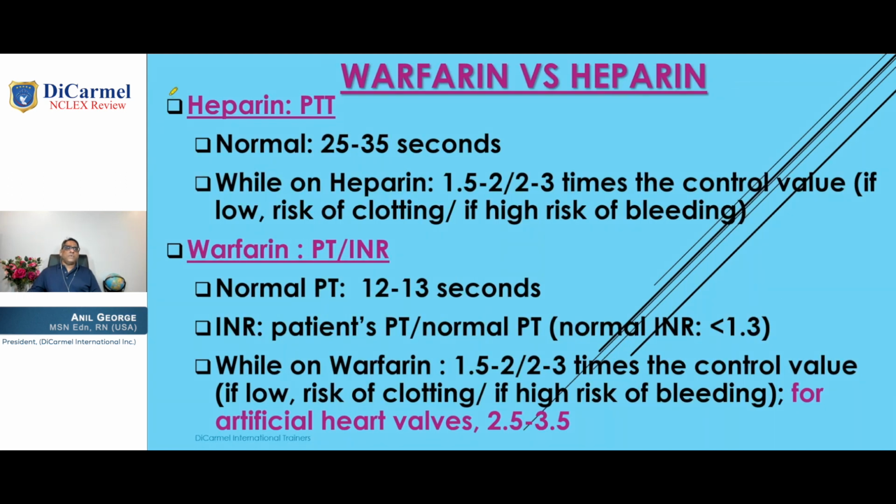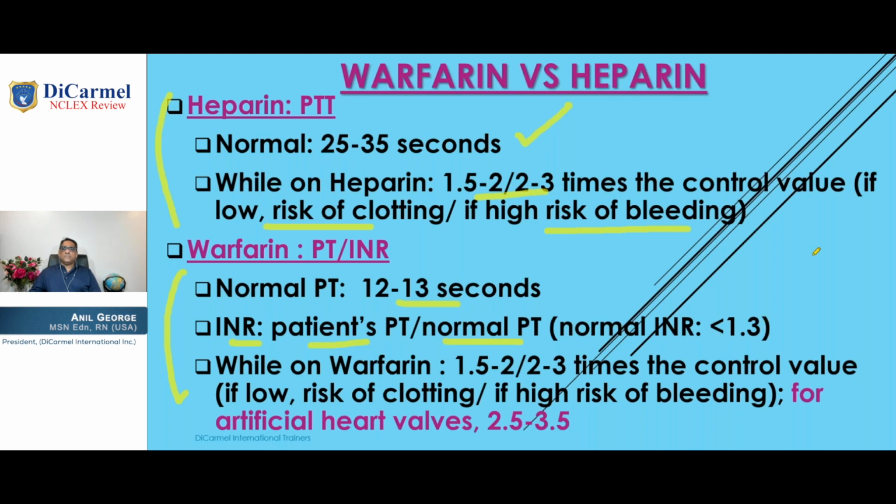Again, for heparin, in the normal case the PT is 25 to 35, while on heparin you can see the range changes to 1.5 to 2 or 2 to 3, etc. If it is less, risk of clotting. If it's high, risk of bleeding. And same with warfarin: INR is the patient's PT divided by the normal PT.